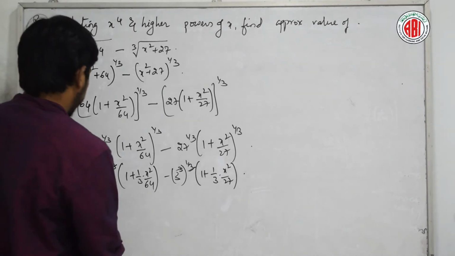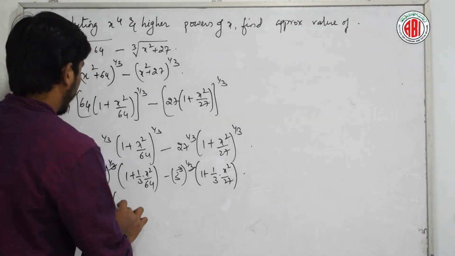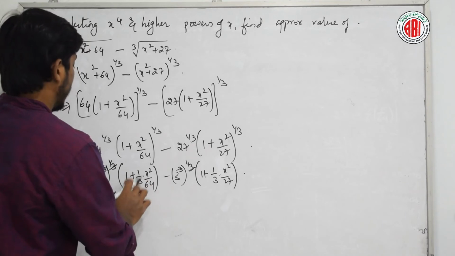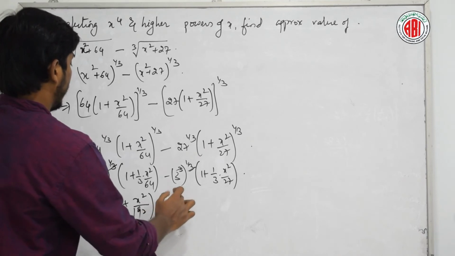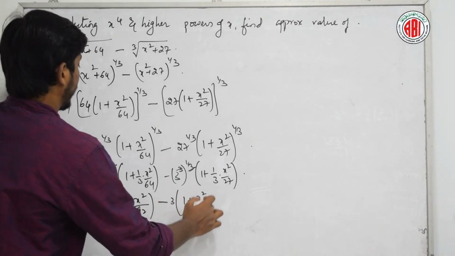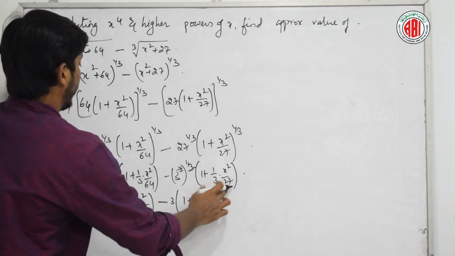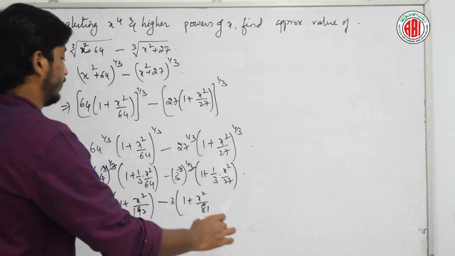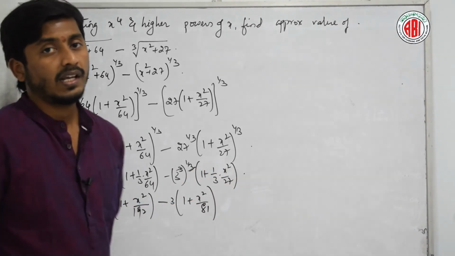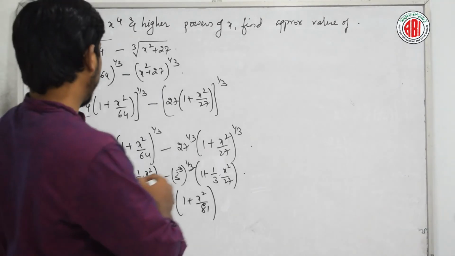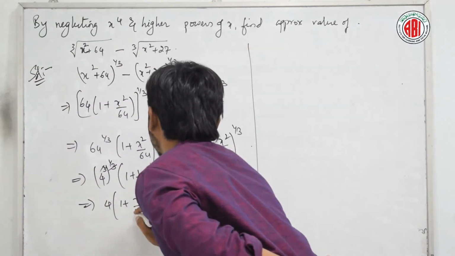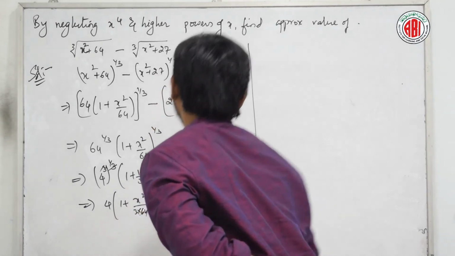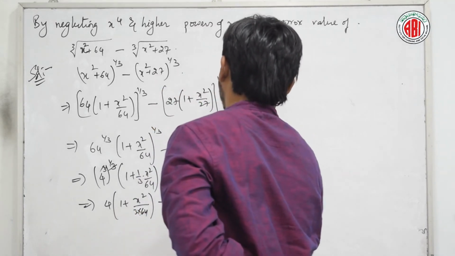Here it is 4 into (1 + x²/(3×64)), minus 3 into (1 + x²/(3×27)). Now let us multiply all the numbers inside, or else let me put it as 3 into 64 only. Here also 3 into 27 only.